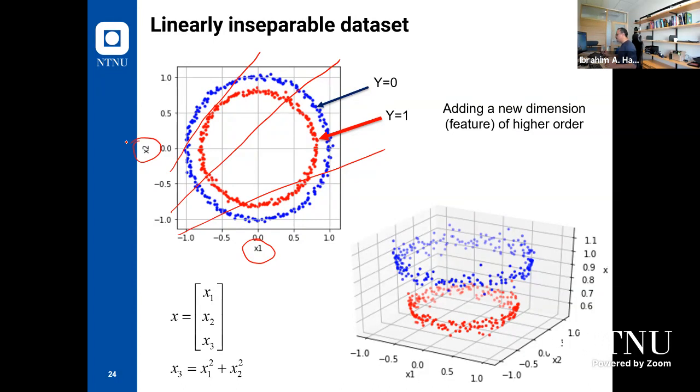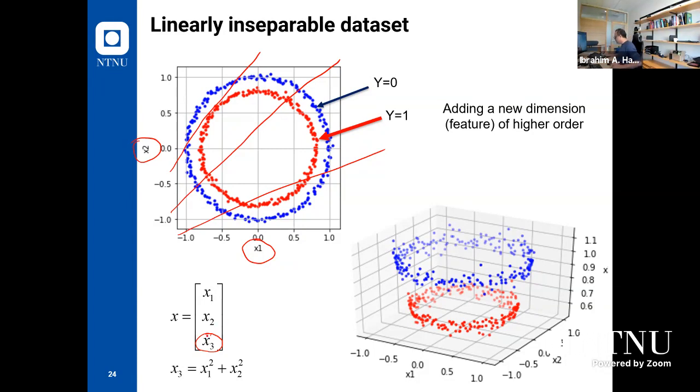But maybe if we add a new feature, x3, for example, where x3 is x1 square plus x2 square, maybe it's x1 times x2. So it can represent the interaction, or higher order feature. Maybe in this case, the problem can be separated using a straight line or a plane.